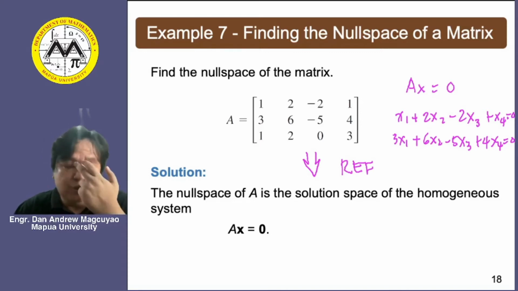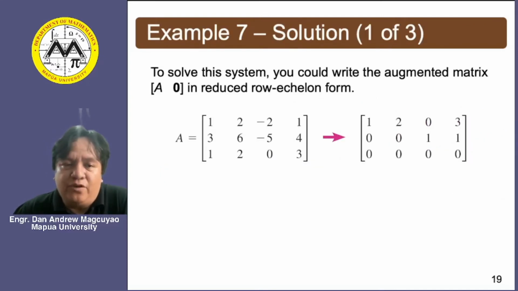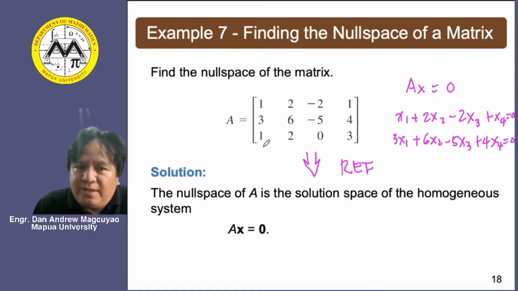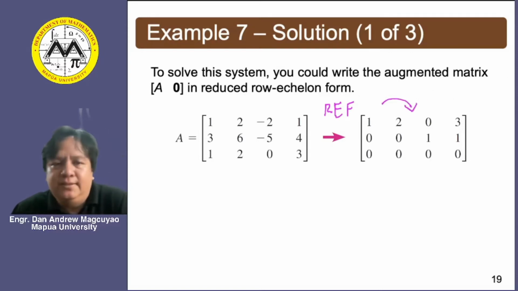To find the solution space of the homogeneous system, or the null space, we find its row echelon form. Coming from this matrix 1, 2, negative 2, 1, we find the row echelon form, and that would be this matrix. Again, the solution to the row echelon form will be uploaded in the file section of this course.